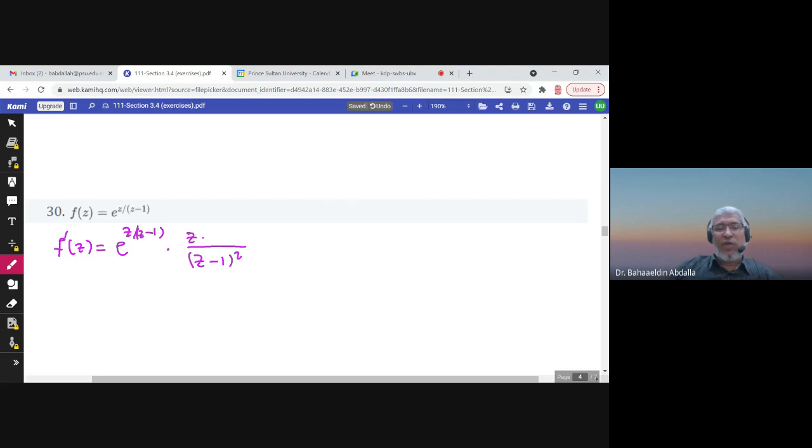The derivative of z is 1 times z minus 1, minus the derivative of z minus 1, which is 1 times z. So z would be cancelled with negative z, and the answer would be negative 1 times this. So negative e to the power z over z minus 1, over z minus 1 to the power 2.